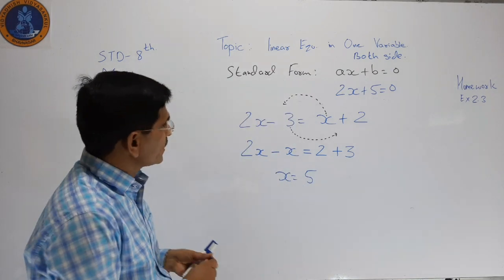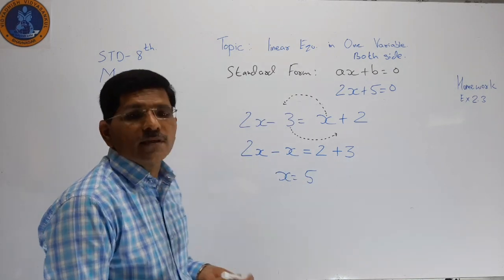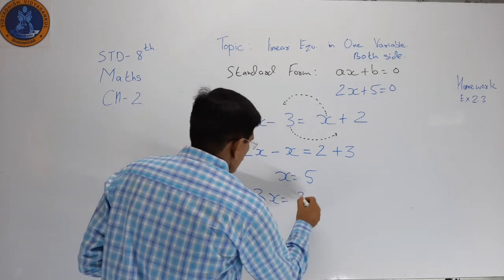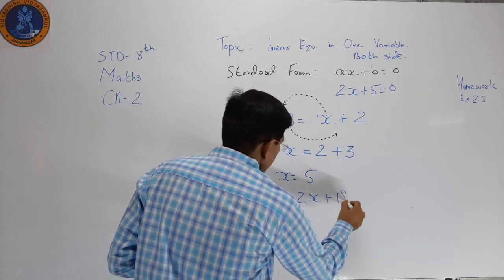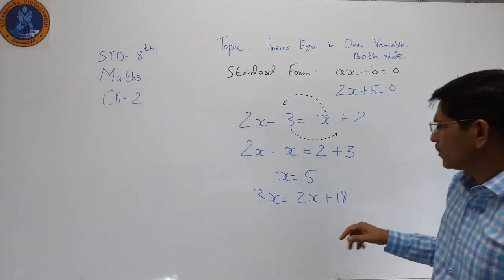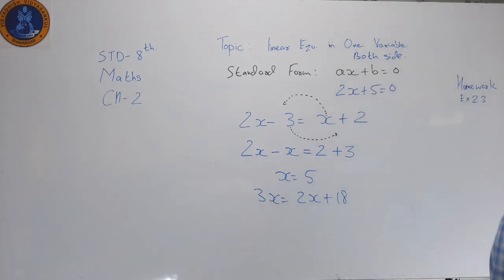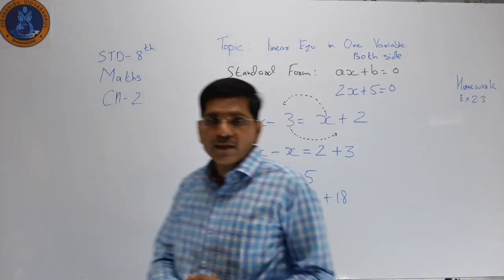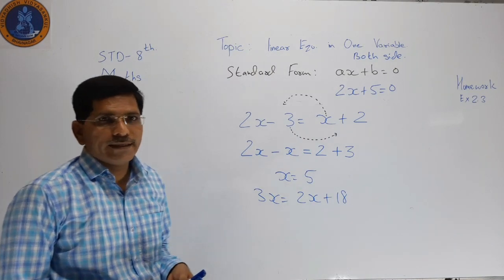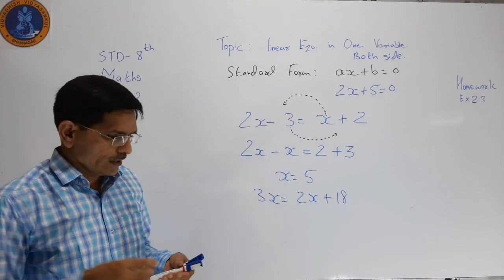So I write one more sum. Try to solve this: 3x is equal to 2x plus 18. How can we solve this sum?